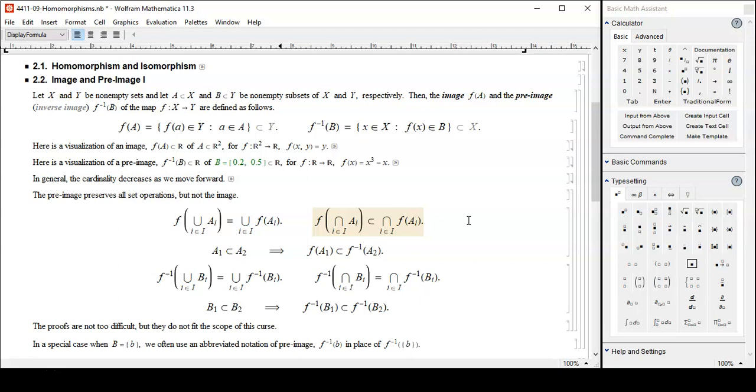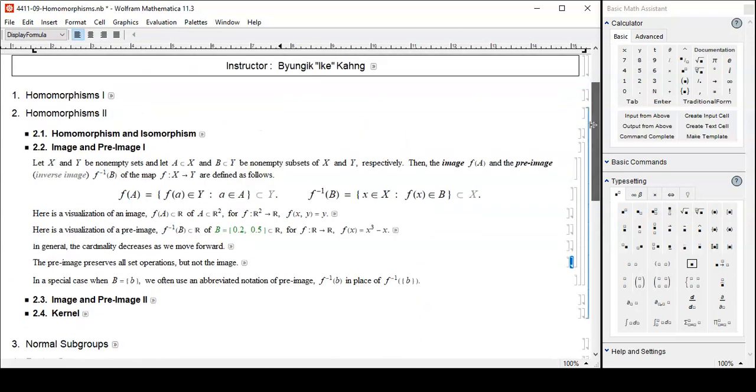The proofs are not too difficult, but they do not fit the scope of this course. I mean, they must have been some challenging problems in the Introduction to Proofs course, or even in an analysis. Here, this is algebra, so let's not worry too much about that, but please be prepared to use these.